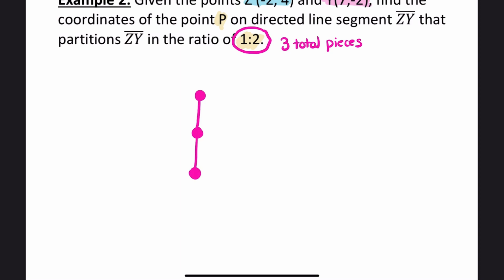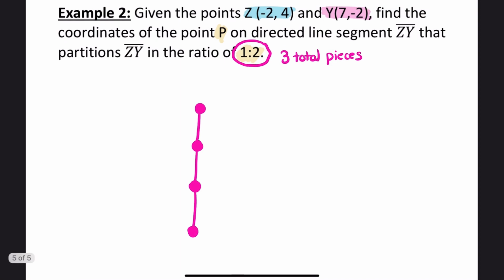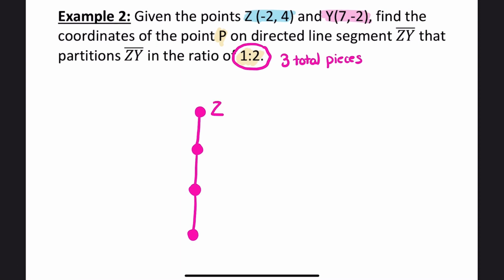So when I sketch my little picture, I want it to be 1, 2, 3. I can go ahead and put z at the top, z, which is -2, 4. I can put y at the bottom, which is this 7, -2. And I can acknowledge that each one of these is also going to be a point.